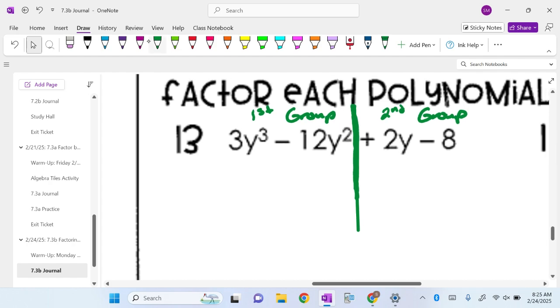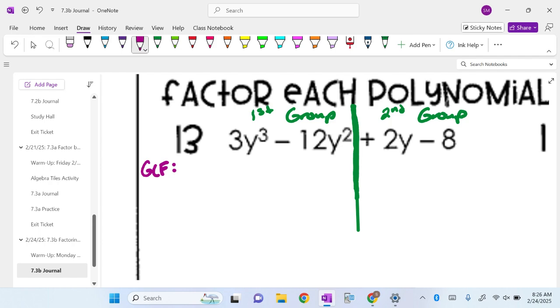So for my first group, what do you think my GCF is? You can draw the factor tree if you want, but take a minute, figure out what the GCF of the first group is. So everyone needs to try and figure it out because I'm going to start drawing popsicle sticks. So do a factor tree for the first group, figure out what the GCF is.